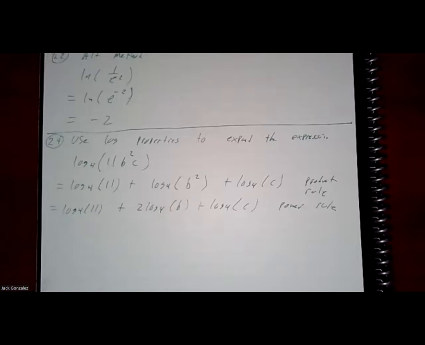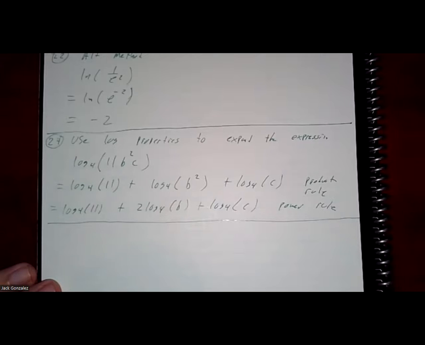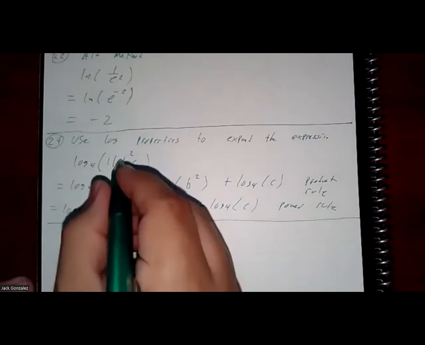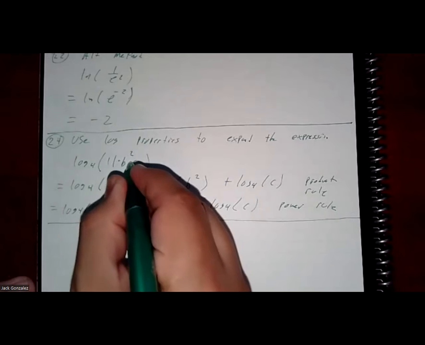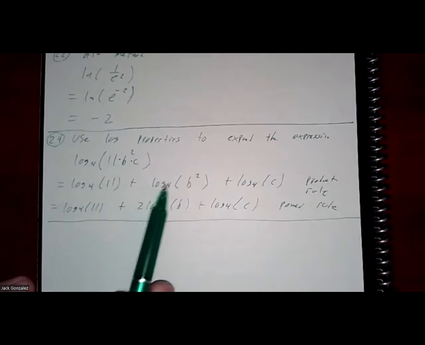I guess we use like 2 properties basically. Yeah, we just used the product rule once. So we had 11 times b times c, so we apply the product rule and change each product into a sum. And then power rule on this middle one.